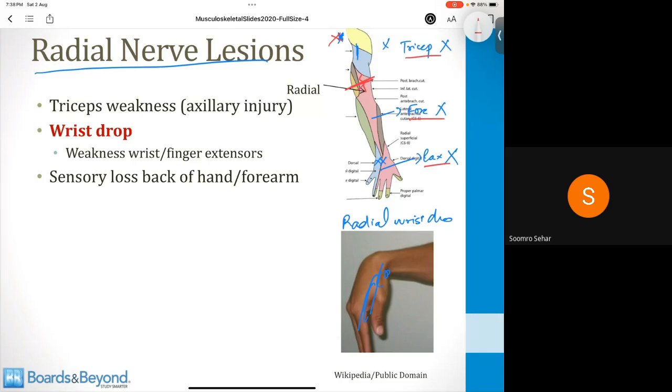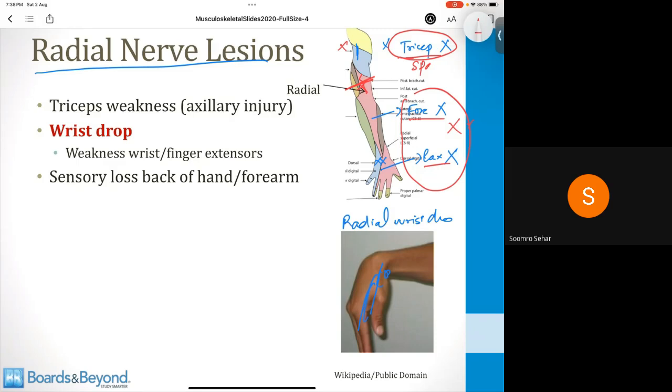If we have damage in the radial groove, the triceps function would be spared, and all of the forearm and hand extensors are going to be gone. Is it clear? So we can have two conditions. Either damage of the radial nerve in the axilla, and as a result the function of all of the extensors would be gone, including triceps, your forearm extensors, and your hand extensors.